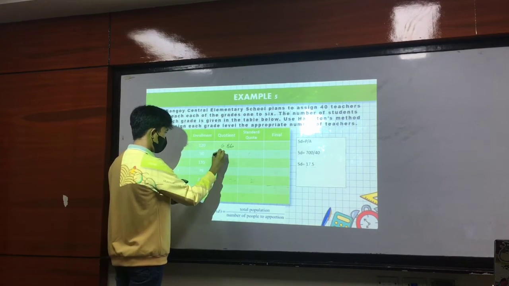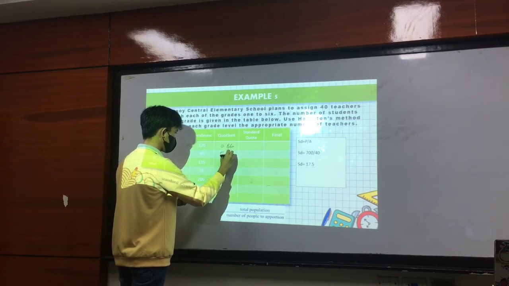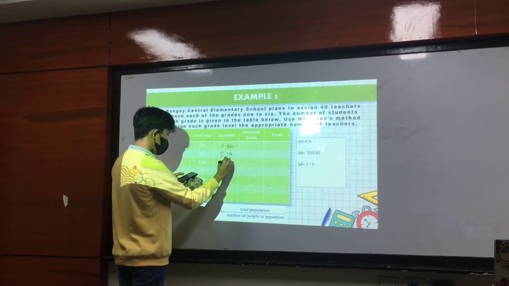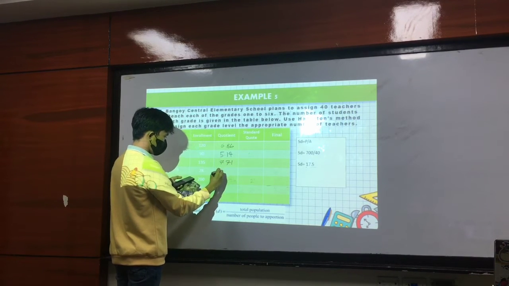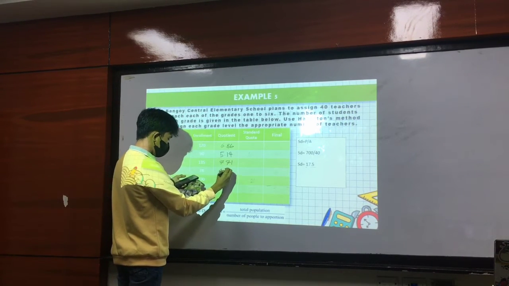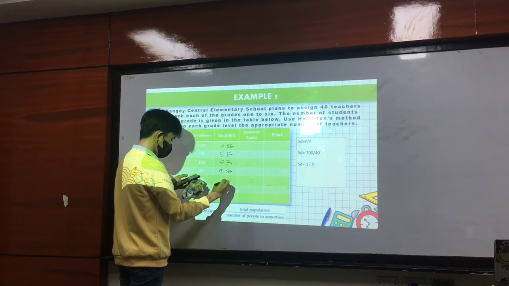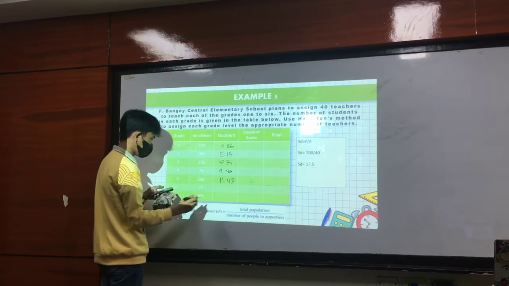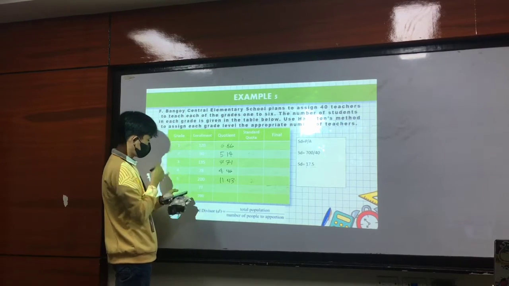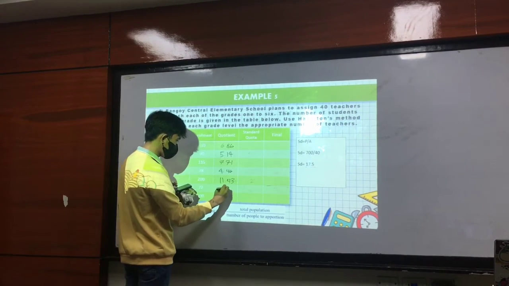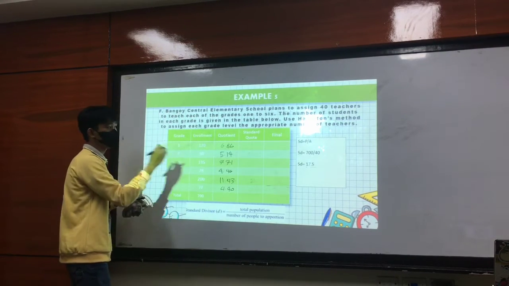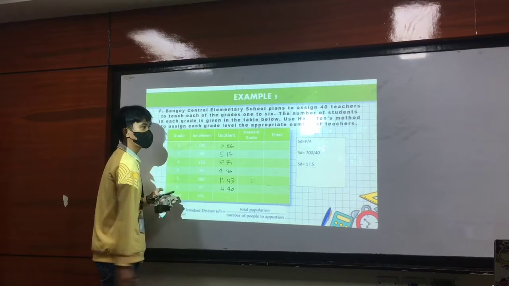So we got 5.14. Grade 3 got 7.71. Grade 4 we got 4.46, grade 5 got 11.43, and lastly, grade 6 got 4.14.